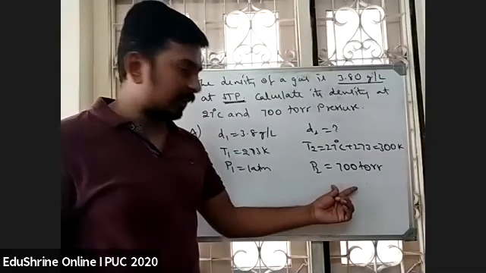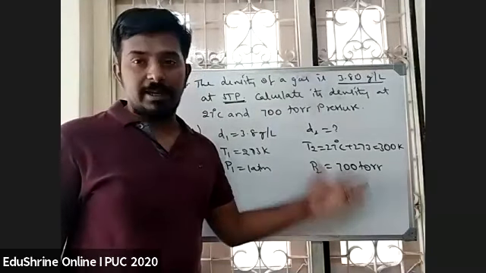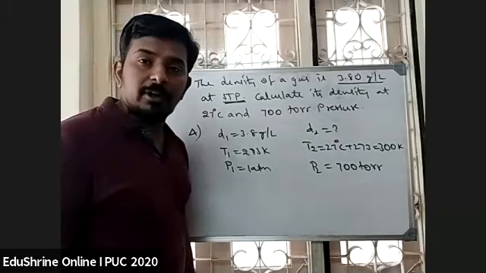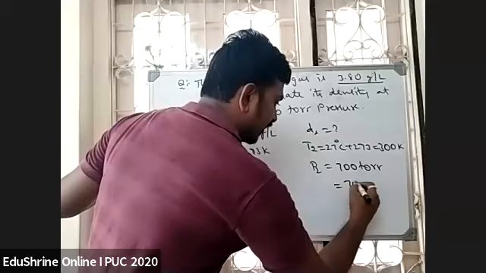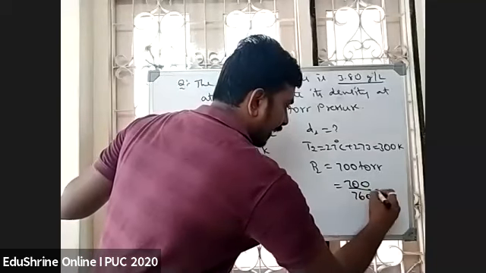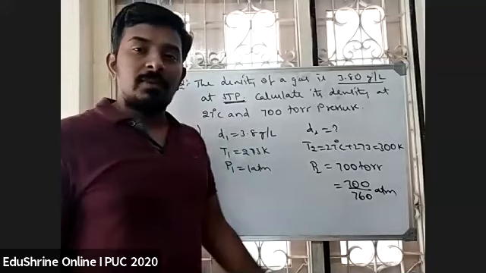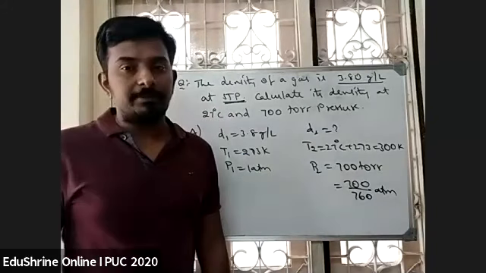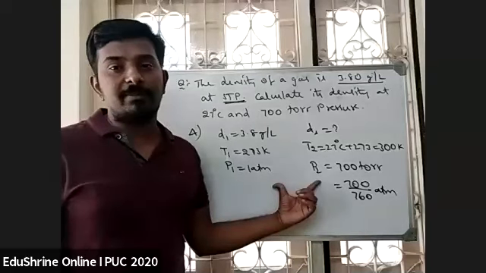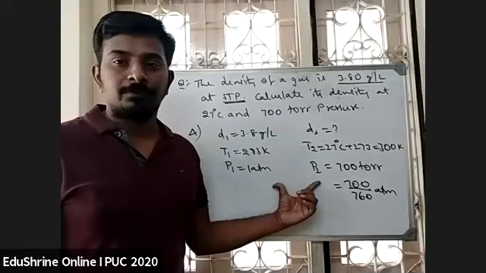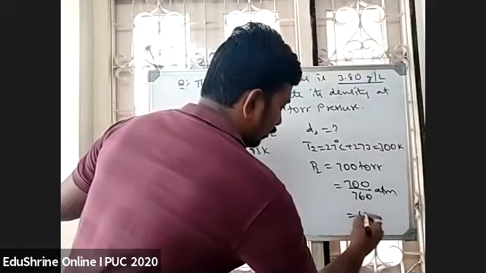So let us convert this into atm. 1 atm is 760 torr, right? So divide by 760 and you will get atm. Both the pressures must always be in the same units. So 0.92 atm.